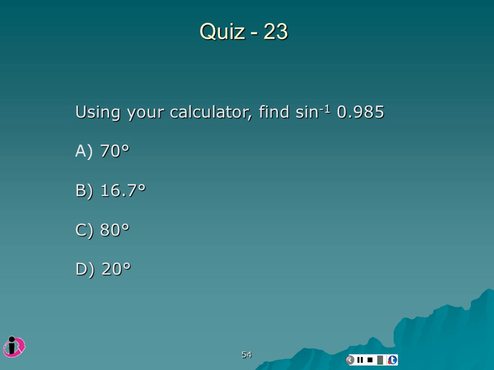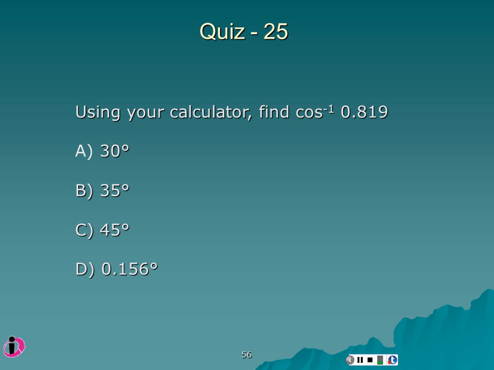Sine inverse 0.985. If anyone has a different answer, just let me know, to make sure you are not doing it wrong. What is the right answer? C? Alright, let's try cosine inverse 0.766. What is the right answer? A? D? Everyone has A? Alright, so it's 40 degree.